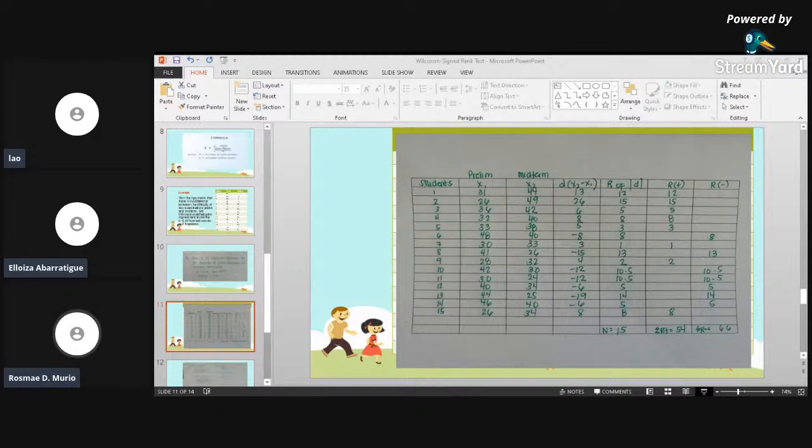Hanapin natin ang positive ng D, sa D po sa x sub 2 minus x sub 1. Dito tayo magbibase po. So dito po makikita natin sa D may mga positive and may nakikita din tayo ng negative. So ang represent po ng R plus, kukunin natin dito ang positive lamang po.